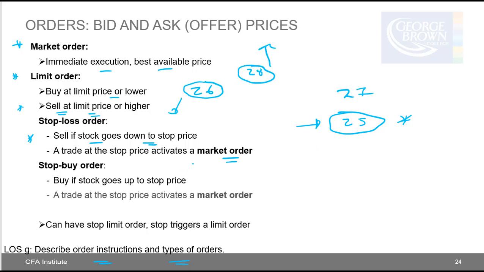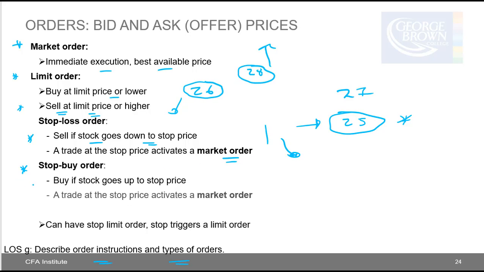A trade at the stop price activates a market order. So even though you've put in a stop loss at 25, that doesn't necessarily guarantee you'll get $25 per share. Once one board lot trades at $25, you become a market order, so your order will be filled at the market price. Okay, so stop loss is used when people want to limit their downside.